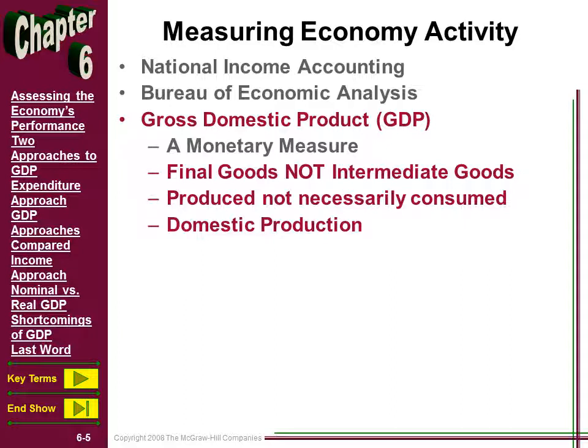Now let's look at the next bullet point here. Produced, not necessarily consumed. Sometimes a good is produced in, say, November or December, and it's not actually consumed until later. Think about a furniture company making some really high-end upscale dining room furniture.